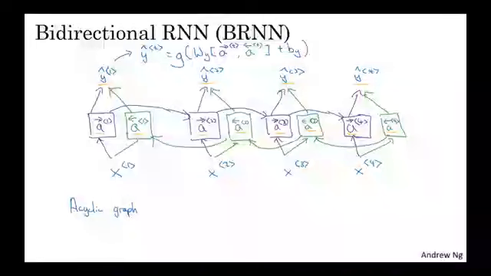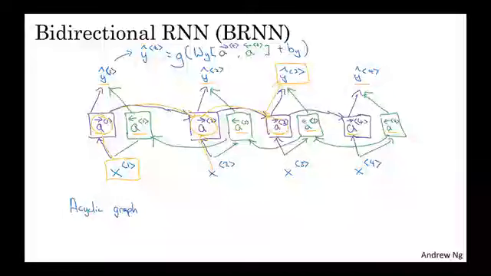If you look at the prediction at time step 3, for example, information from x1 can flow through forward A1 to forward A2, which also takes in information from x2, to forward A3 to y hat 3.